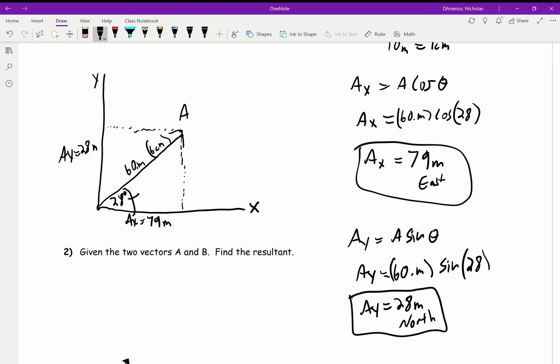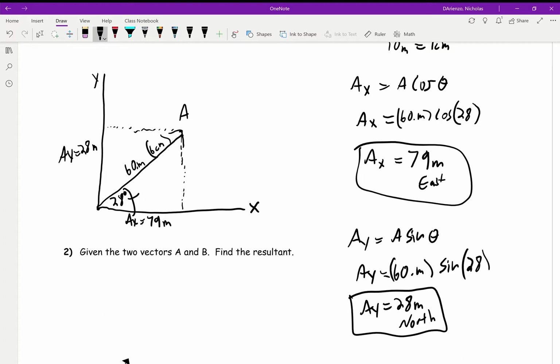So in reality, the x and the y are not equal in magnitude, that's why our angle of 28 degrees is more towards the x there, because the x magnitude is greater than the y.